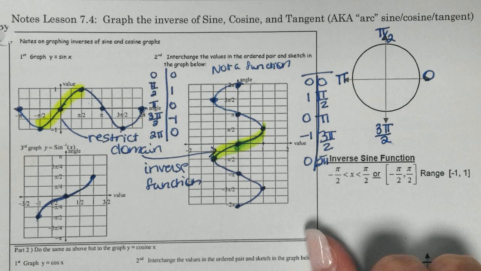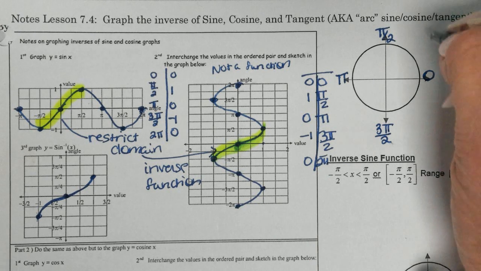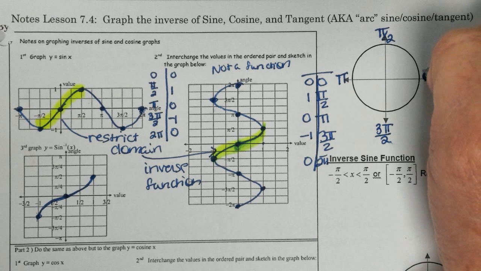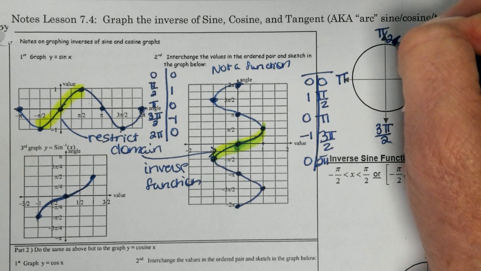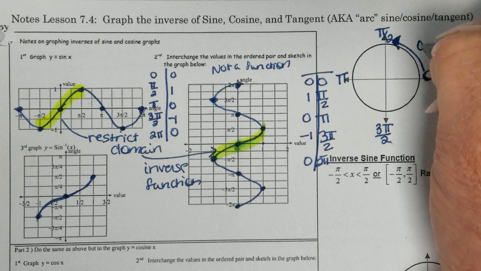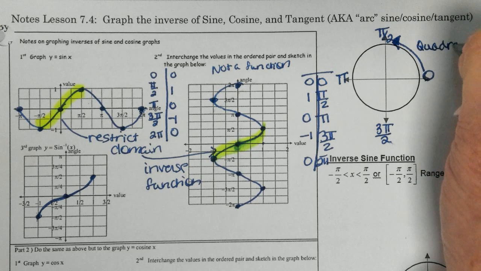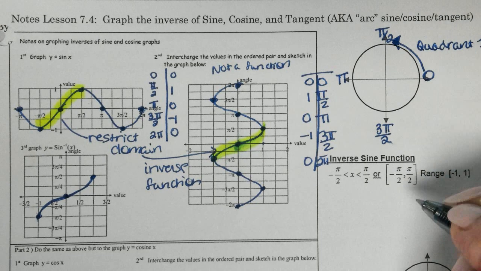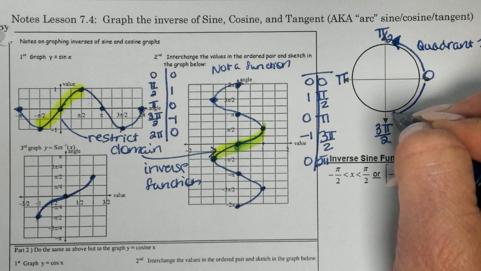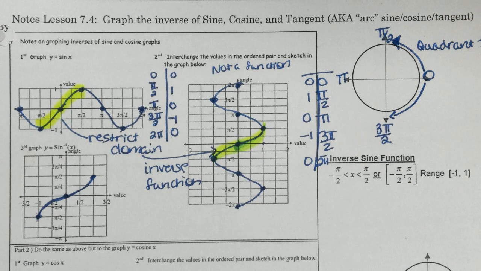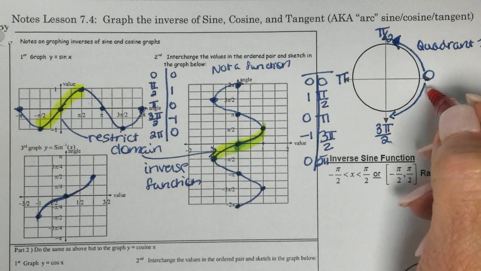Okay, but if we are only allowed to use quadrants 1 and -1 for our inverse, then we're only using the angles from 0 to pi over 2 in quadrant 1, and 0 to not 3 pi over 2. What would this angle be if we're going the negative direction?